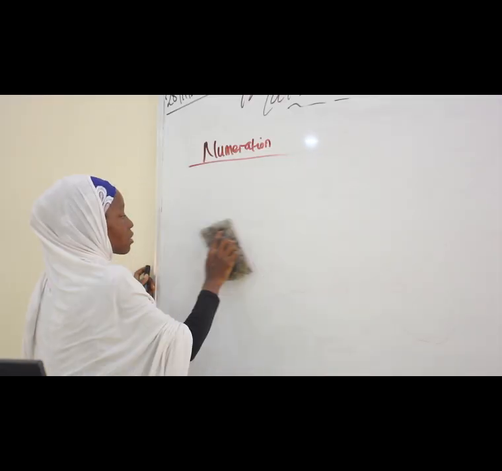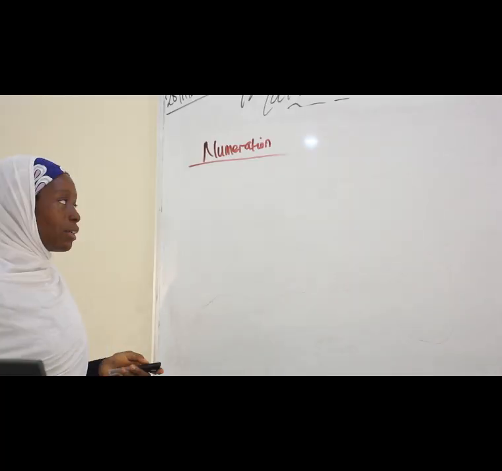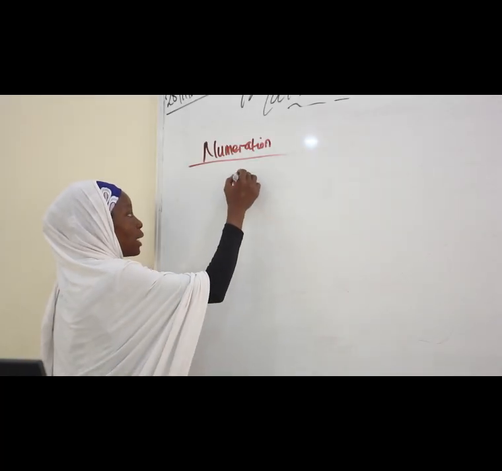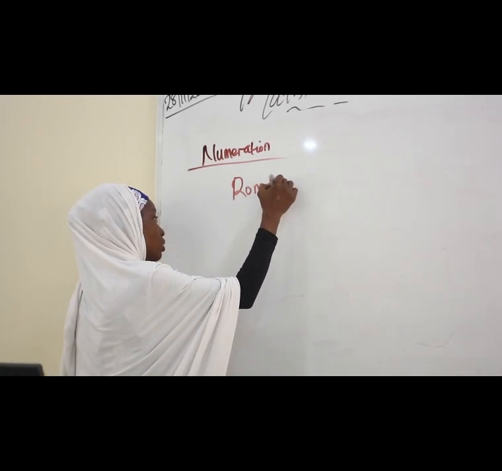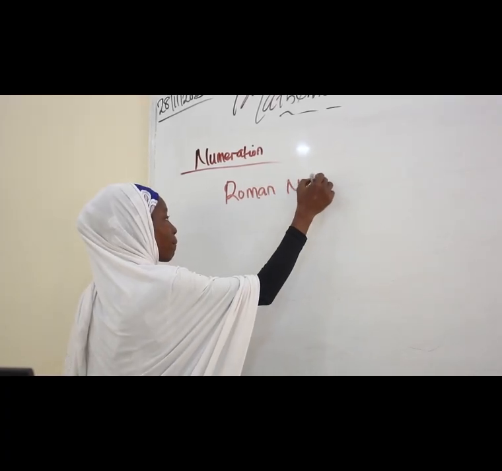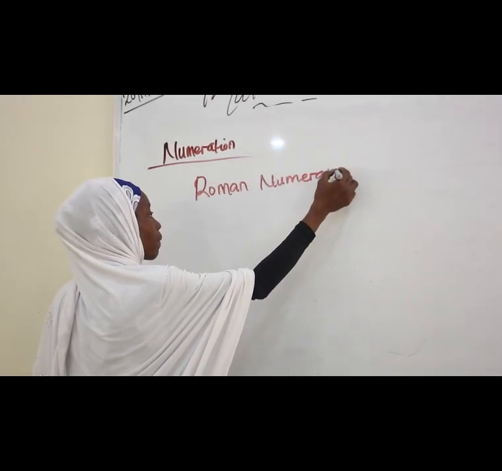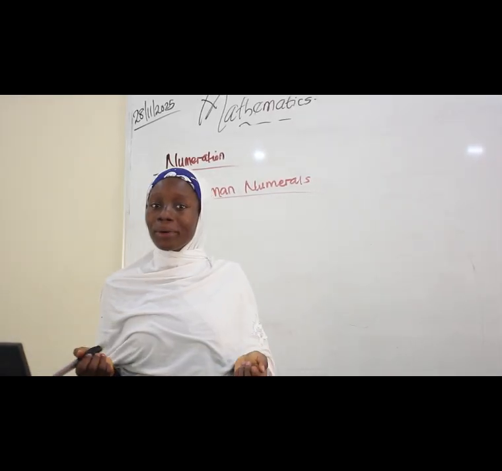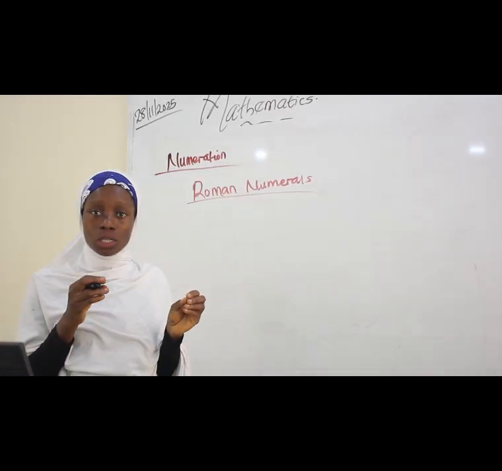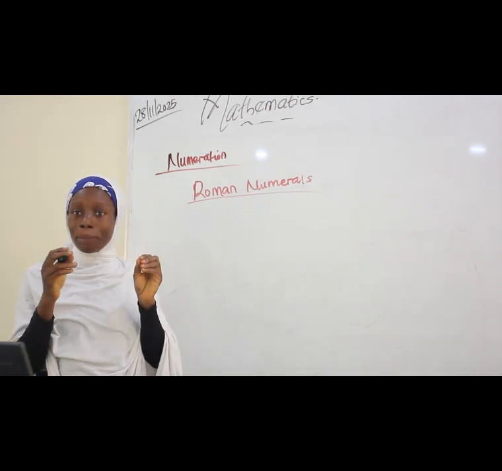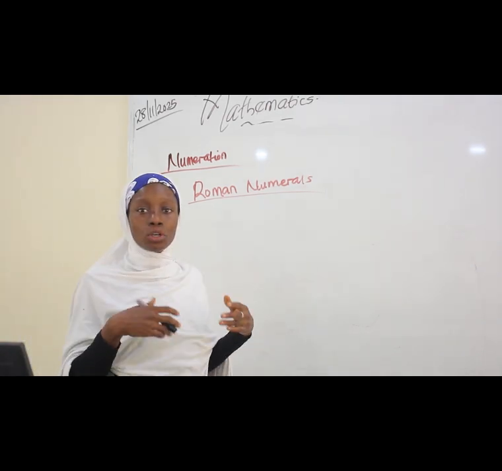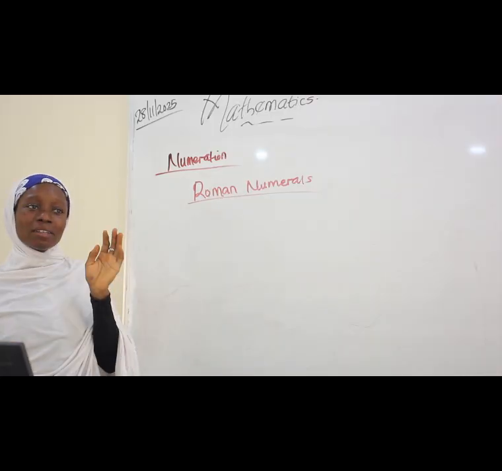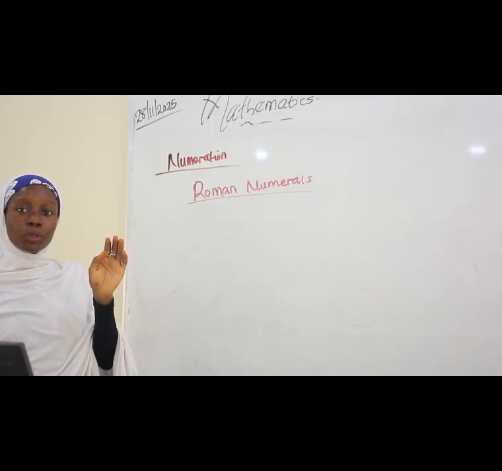So the next revision we'll be having under numeration is going to be Roman numerals. So Roman numerals are what? Numerals we use to represent Arabic numerals. And we have 7 Roman numerals, the building blocks.